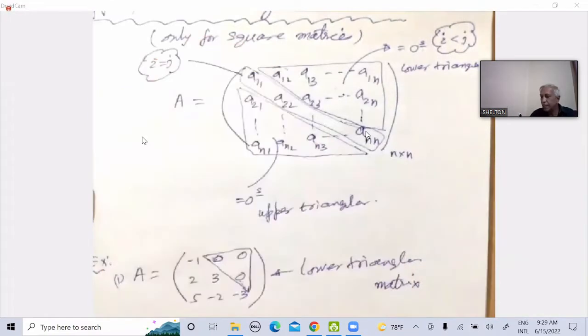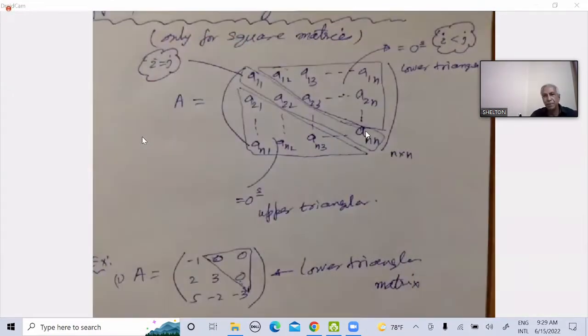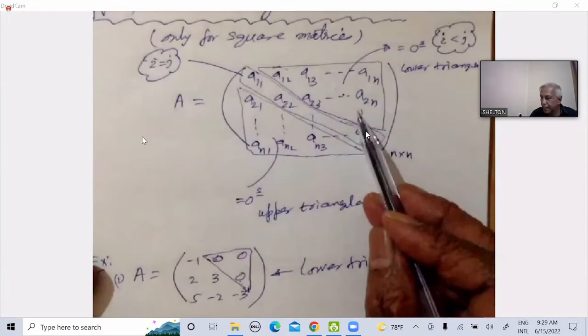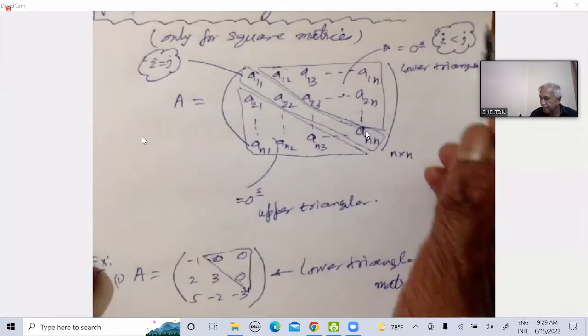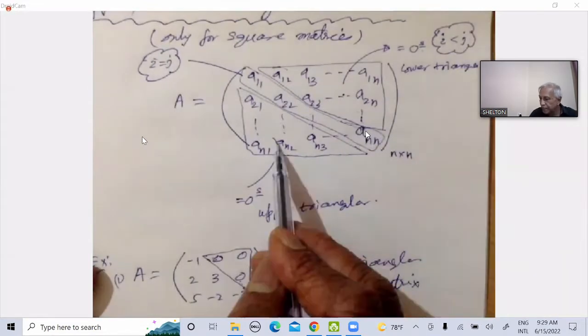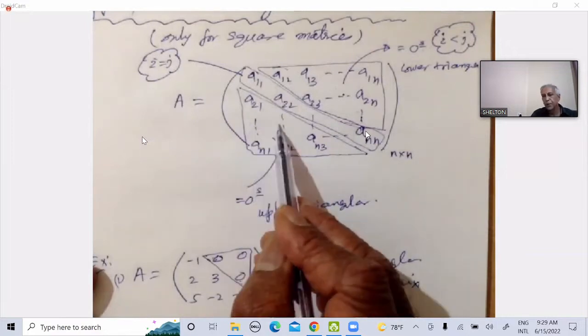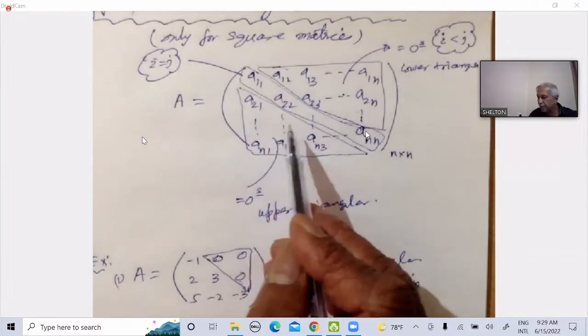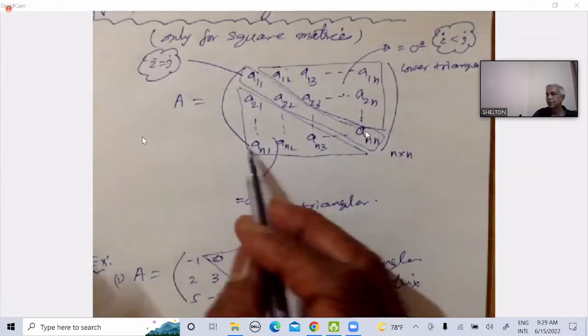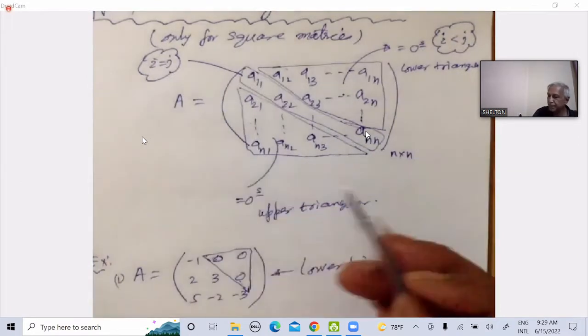On the diagonal, above the diagonal. Below the diagonal: 2, 1. Here, 3, 1, 3, 2. 4, 1, 4, 2, 4, 3. N1, N2. For these numbers, which is bigger?